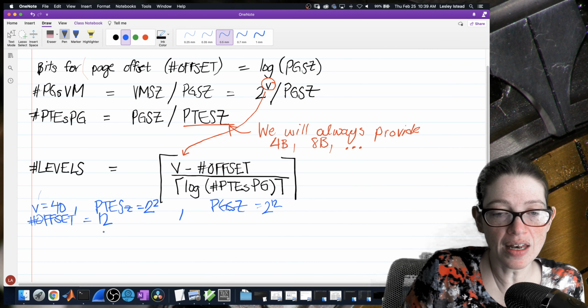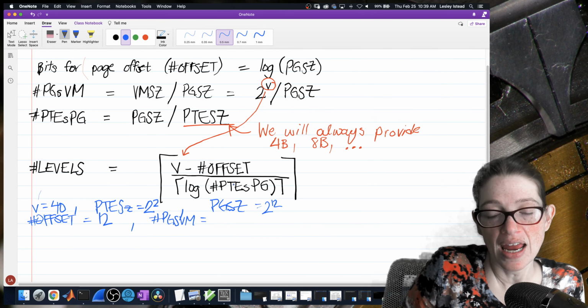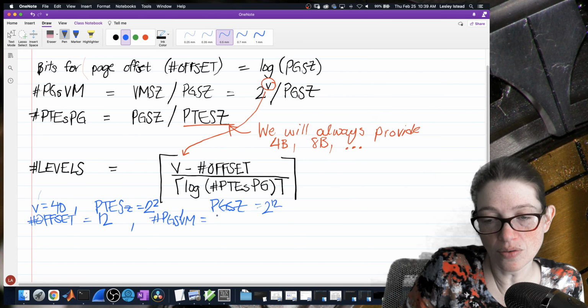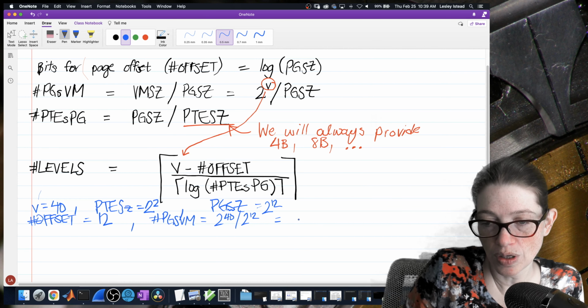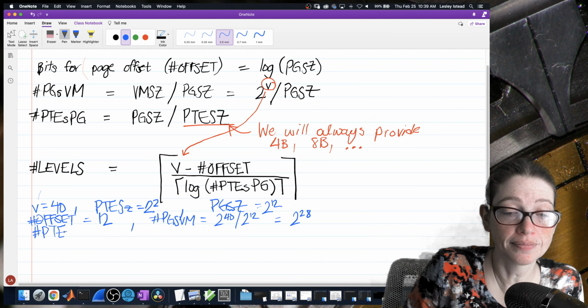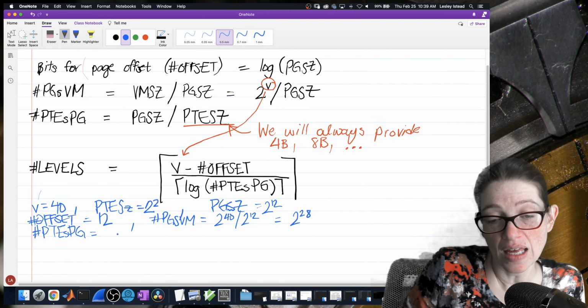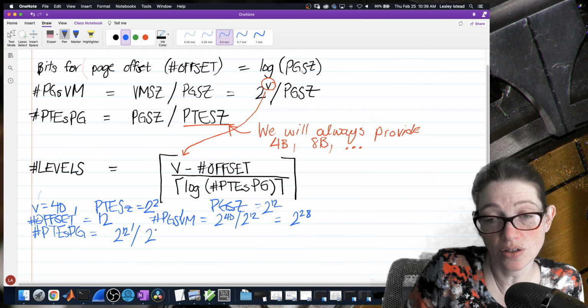And then the number of pages in virtual memory is going to be 2 to the 40 divided by 2 to the 12, which gives me 2 to the 28. And then the number of PTEs per page is 2 to the 12 divided by 2 to the 2, so that's 2 to the power of 10.